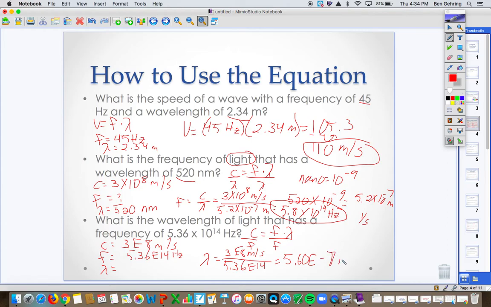And my unit here is going to be meters, or I can call this 560 nanometers. Either one works, but that's going to be your calculations there.